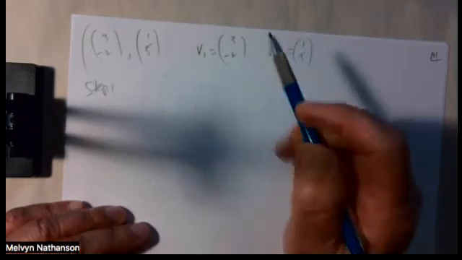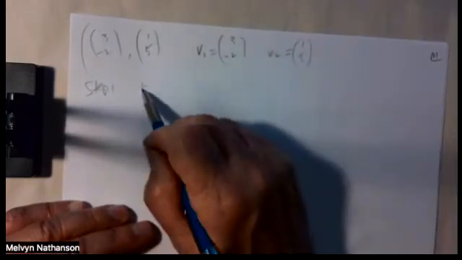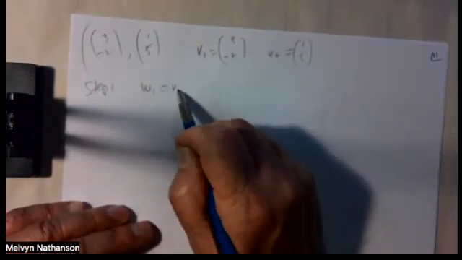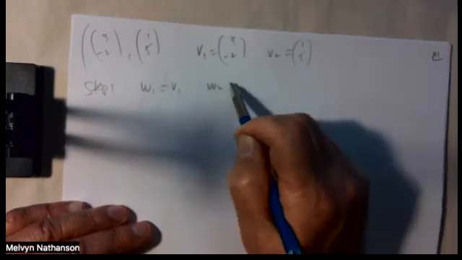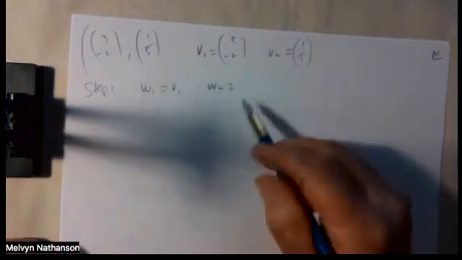So step 1, I'll keep V1 the same. W1 is going to be V1. And W2 is going to be the component of V2 perpendicular to the vector V1 or W1, which are the same.